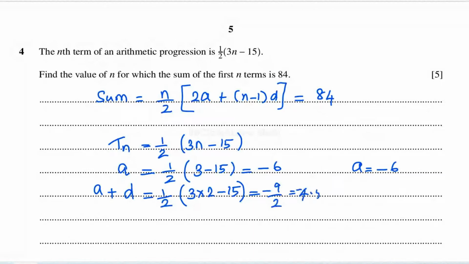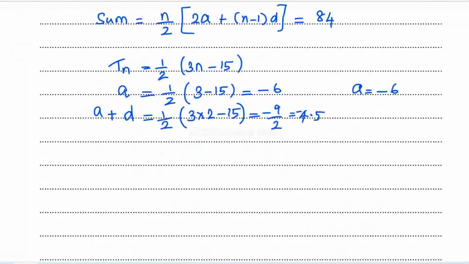So a plus d is negative 4.5. So what is d? For a, we will substitute negative 6. So d will be positive 1.5.